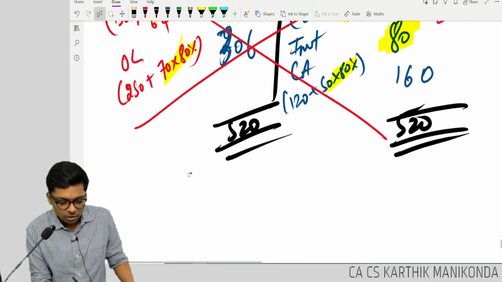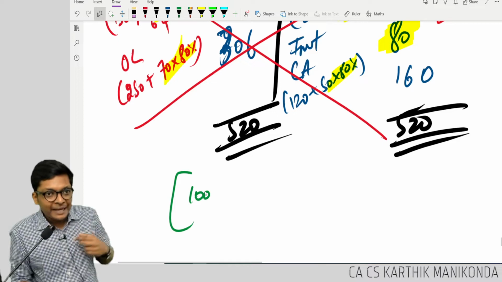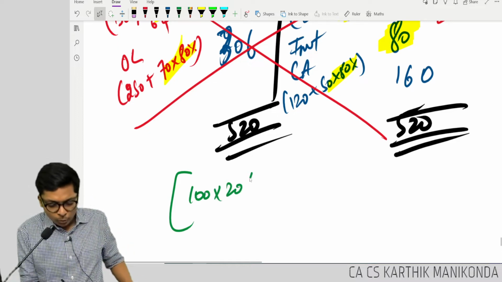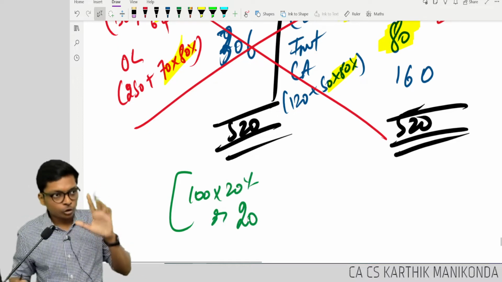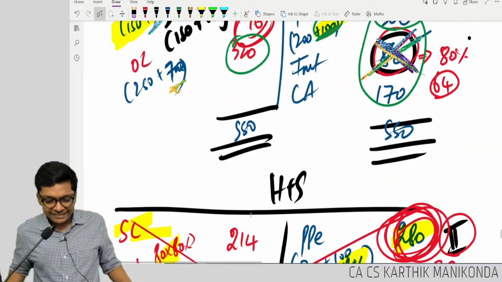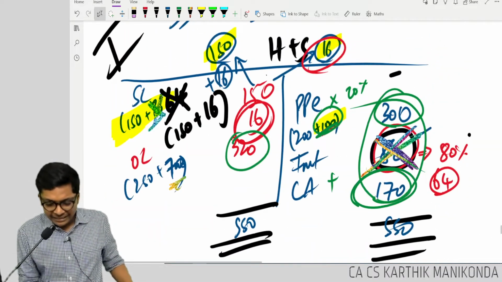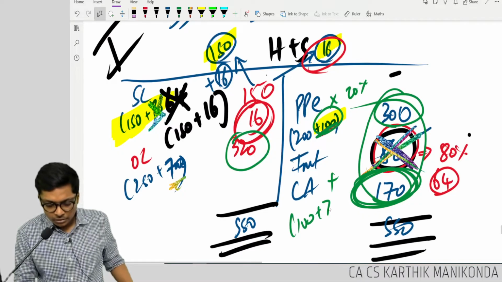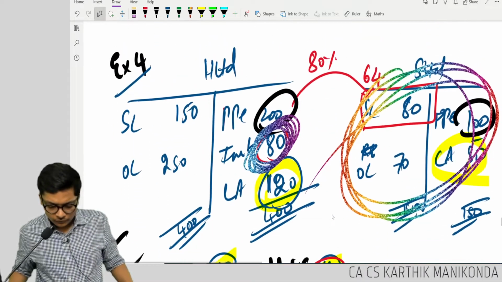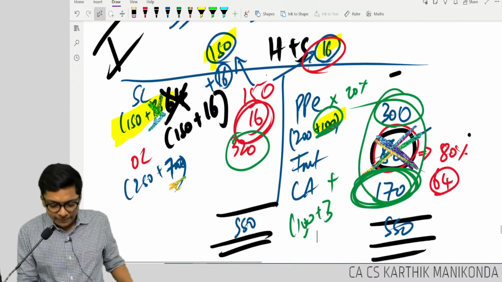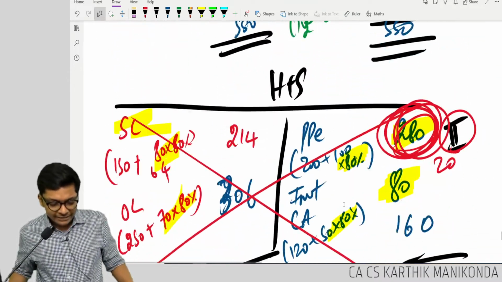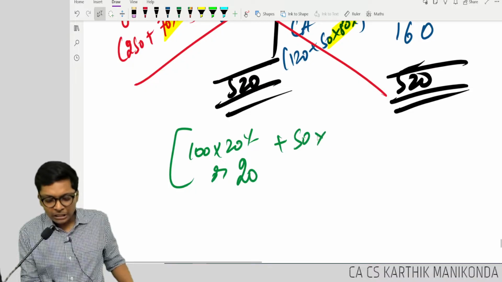So in the 100, what is not mine is 20% into 100, how much? 20. Plus in the current assets, 100 plus 120, 120 plus 50. So in that 50, what is not mine? How much is that? 10.